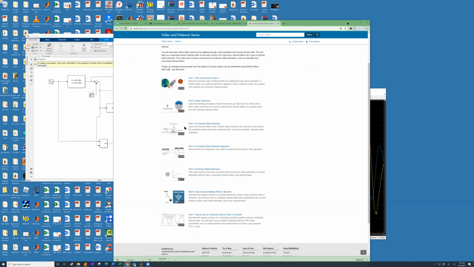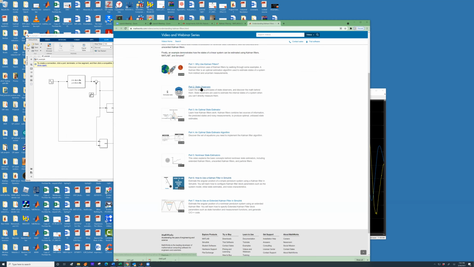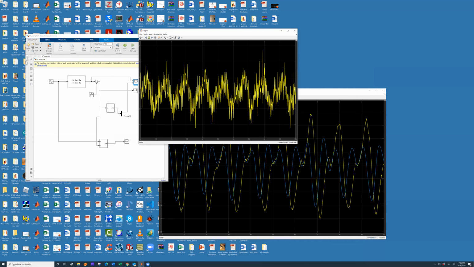So I would strongly encourage you to go through these webinars. There are just 7 parts, and that will make your understanding of Kalman filter much clearer. But as we talked about, the equations for Kalman filter are quite intense, but practically this is how we will implement the Kalman filter.